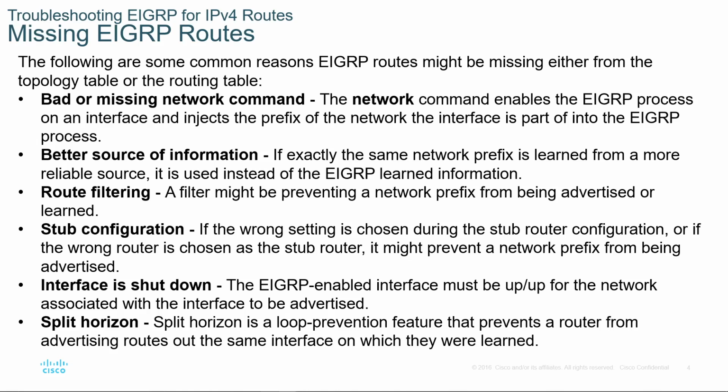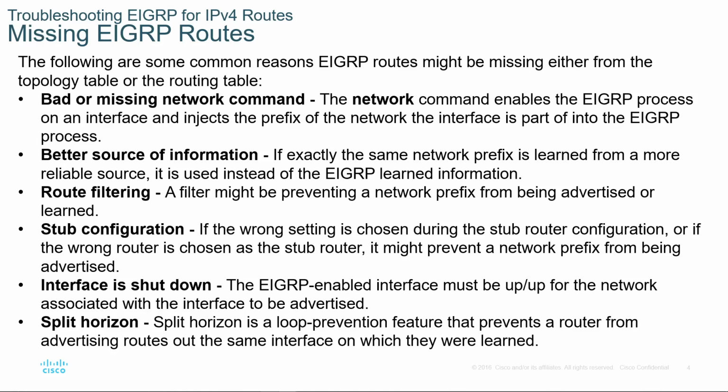Route filtering, this is a big one where we will lose networks from our routing table. If you remember our lab session on Stub networks, you'll understand if somebody puts a Stub router in the wrong place, it really messes our routing tables. Interfaces need to be active within the EIGRP process.